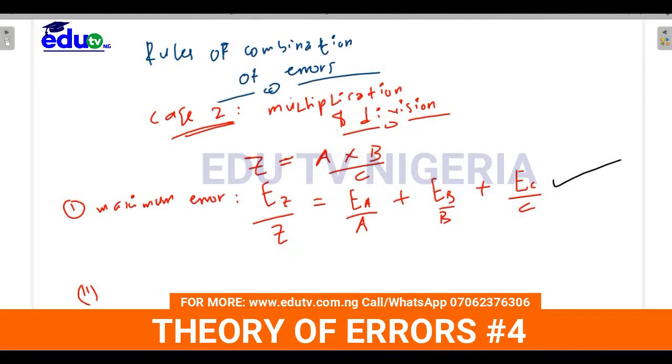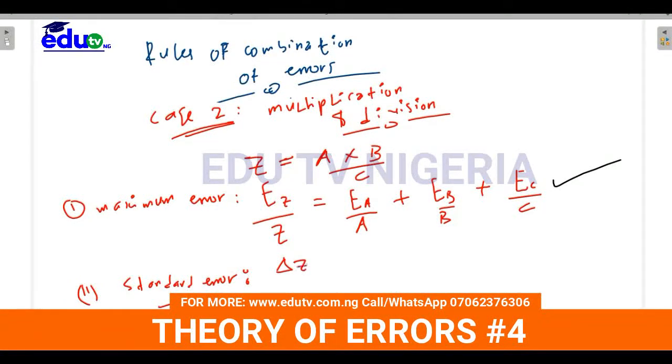Okay, for standard error, this is pretty much like the other one. You follow the same principle. You take squares like you did in case 1.